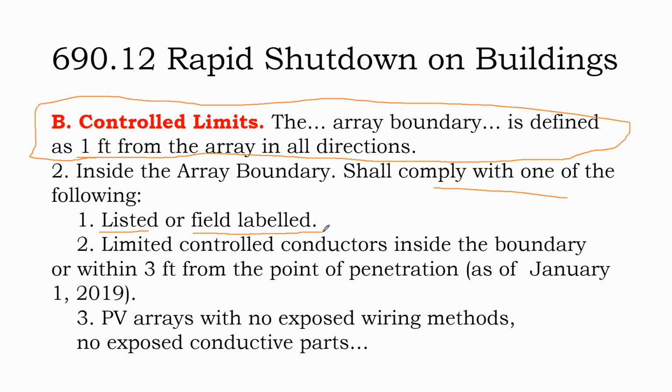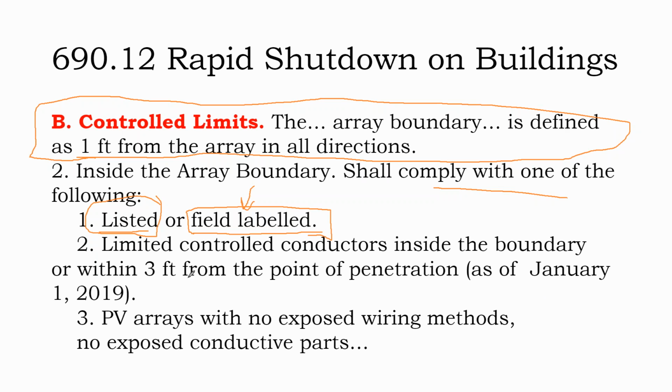And that can sometimes be sold as a complete system, which then gets listed as a rapid shutdown system, or you're using disparate parts and you need to field label the method of how you're meeting rapid shutdown, because there's a couple of different ways, and it's changed like every 3 years.